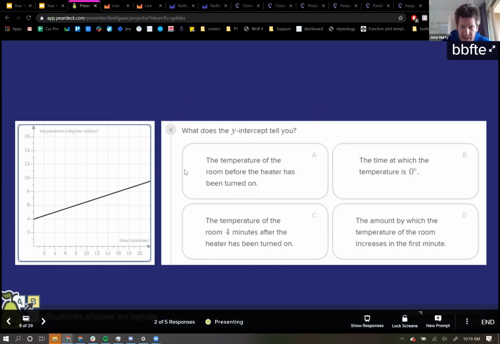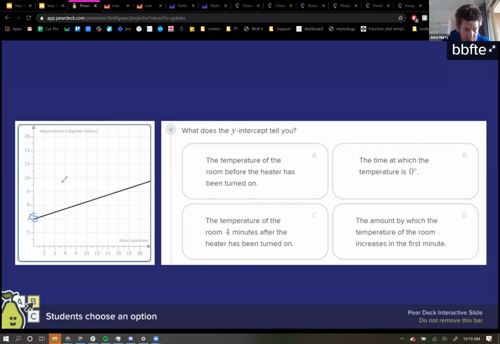So remember, the y-intercept is this point. Let me annotate. This is our y-intercept here. We can see that this point has coordinates of 0, 4. So our y value is 4, and we can see that the y-axis measures the temperature.